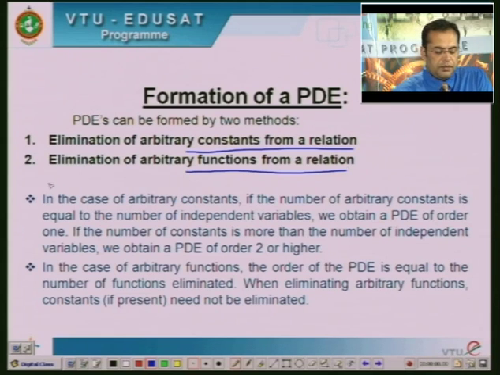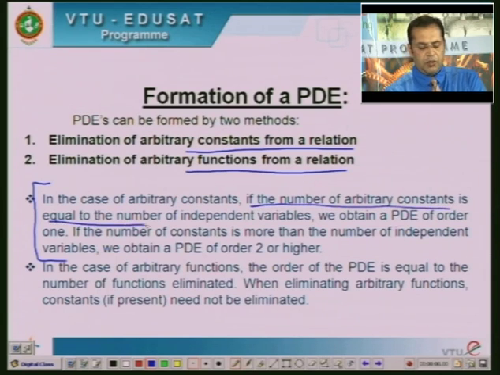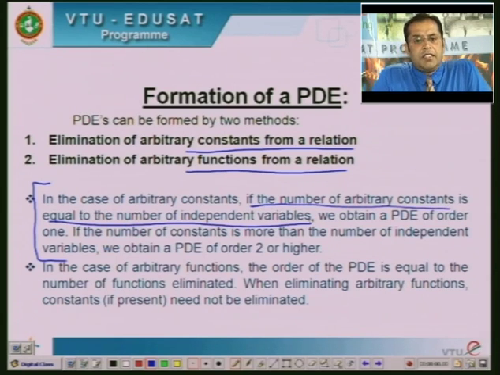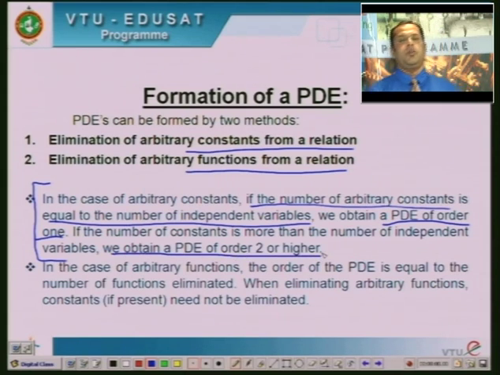Now, we have solved examples in this type in our first session in PDE. In the case of arbitrary constants, if the number of arbitrary constants is equal to the number of independent variables present in the given relation, we have seen that you obtain a PDE of order 1. Whereas, if the number of constants is more than the number of independent variables, it so happens that the PDE will be of order 2 and higher.